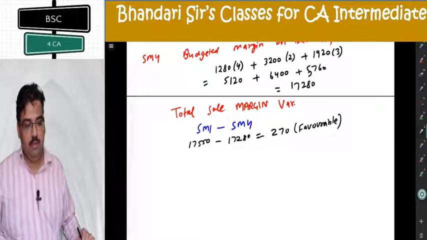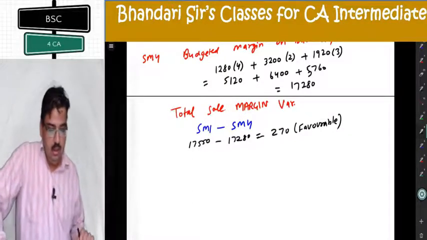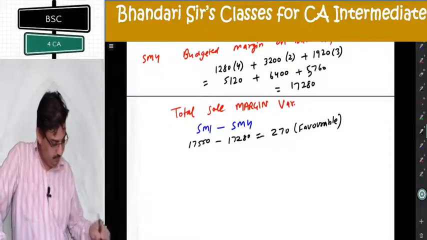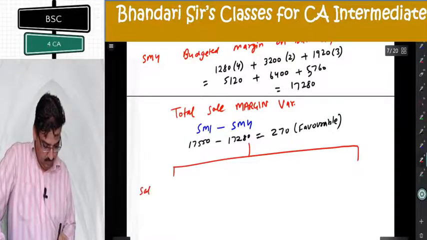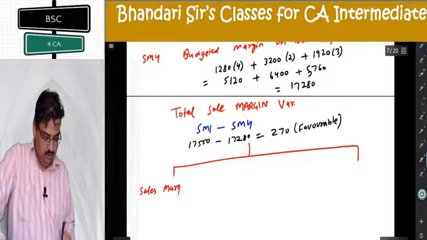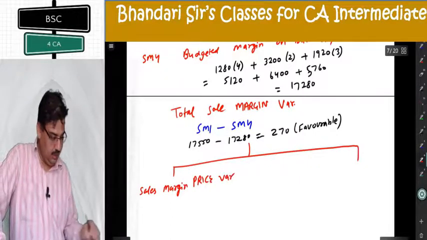Favorable is first variance under this. Then sales margin price variance.